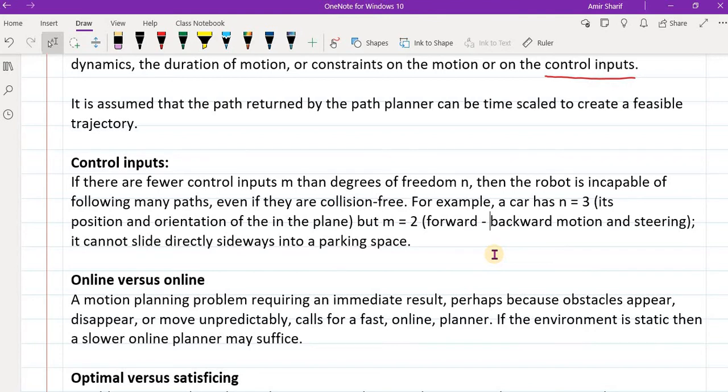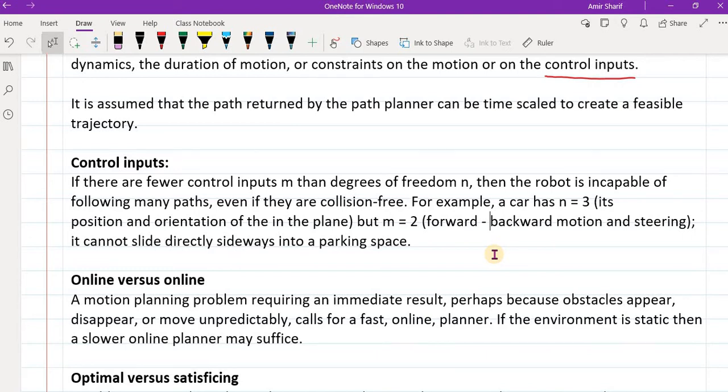If there are fewer control inputs, which we can represent by m, than the degrees of freedom of the robot, represented by n, then the robot is incapable of following many paths, even if they are collision free.